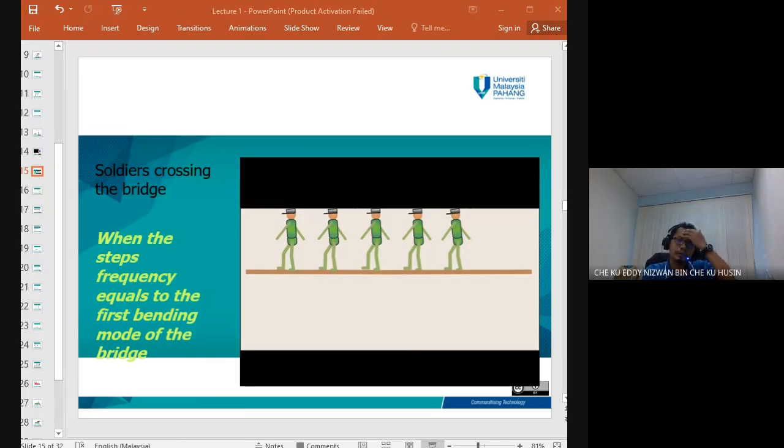So this one is soldiers crossing the bridge. When the step frequency equals the first mode, you can see the motion.